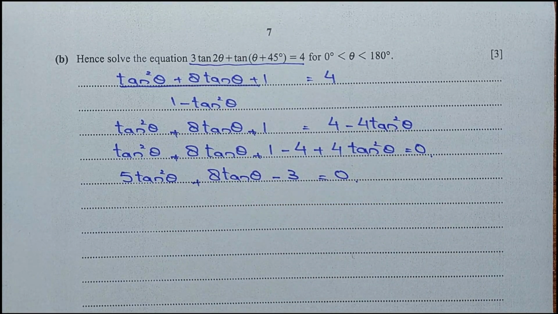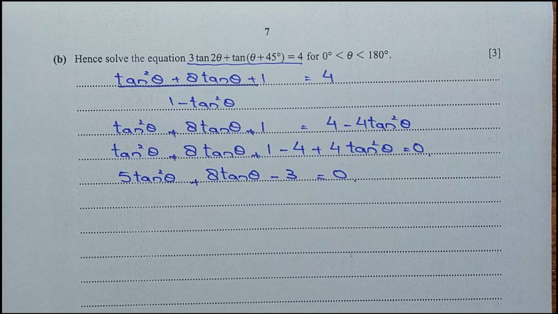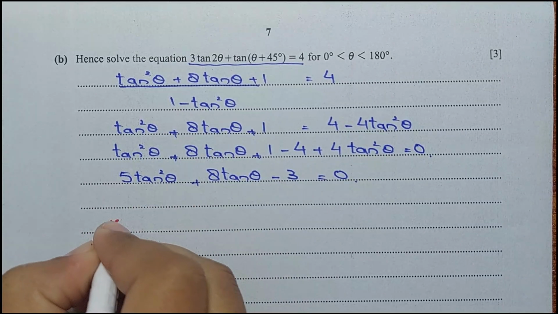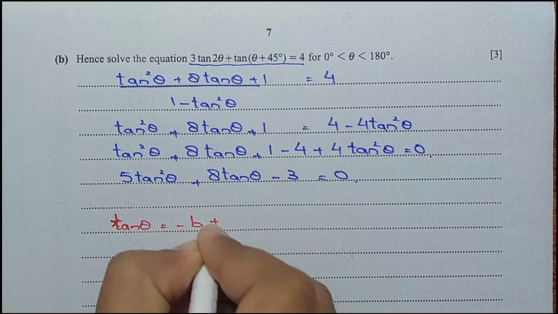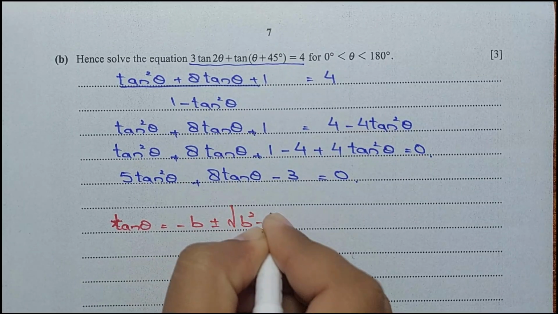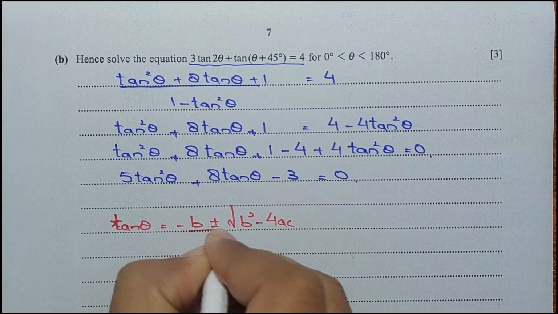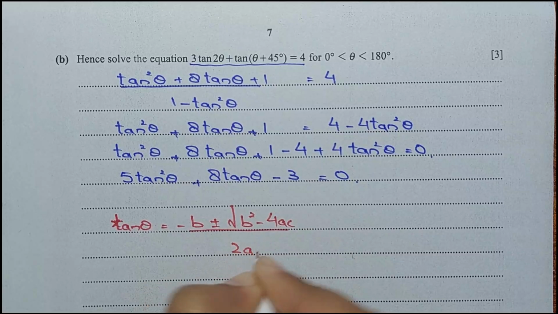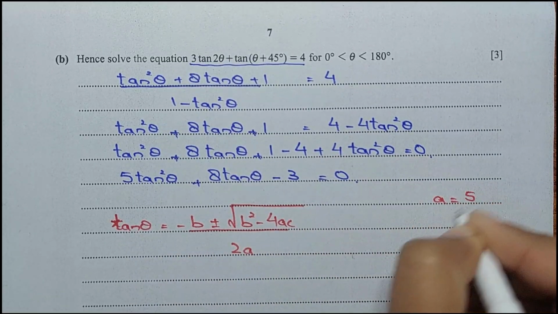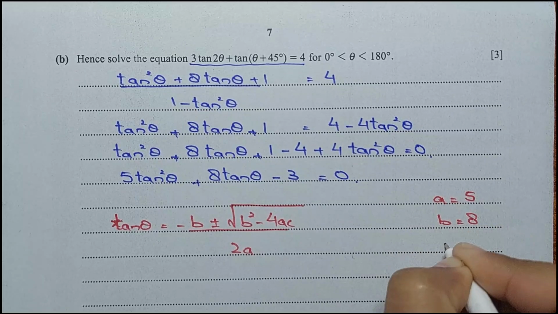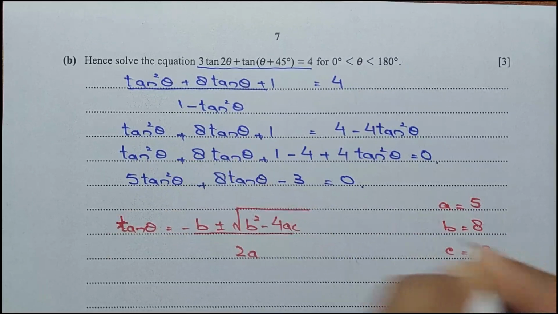Okay, now we can factorize it or we can apply the quadratic formula. Let me check if the factorization is possible. Let me apply the quadratic formula. Tan theta is equal to negative b plus minus square root b square minus 4ac divided by 2a, where a is equal to 5, b is equal to 8, and c is a constant which is negative 3.